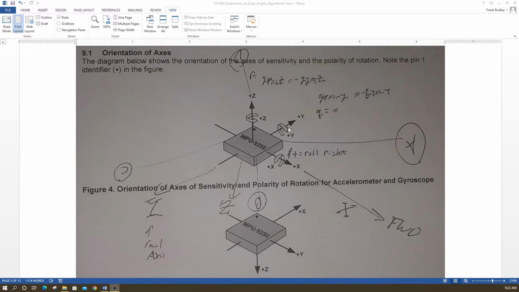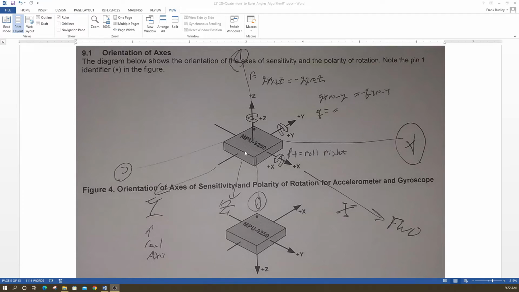That happens to be opposite of the y-axis on the sensor for positive polarity. With the sensor, positive polarity, the z-axis is pointing up, but we want our z-axis to point down. So if we make this our x, this our y, and this our z, that would line up with the standard convention used for aircraft.